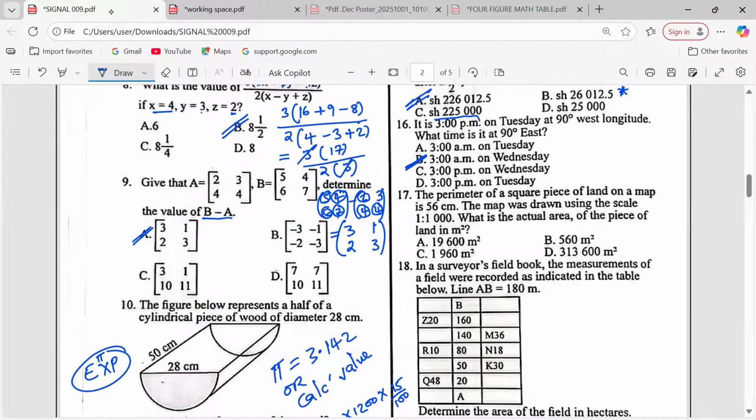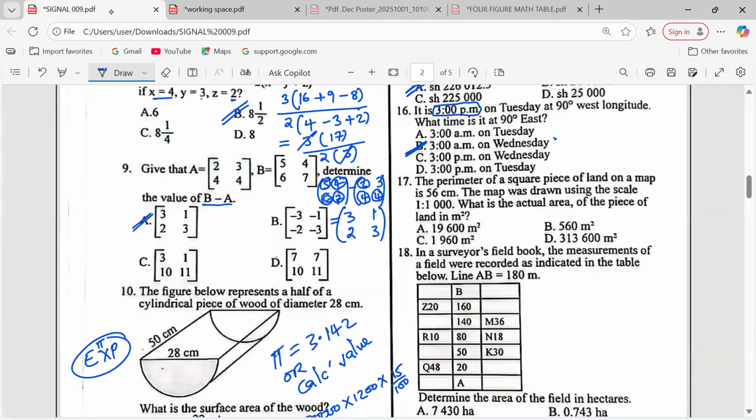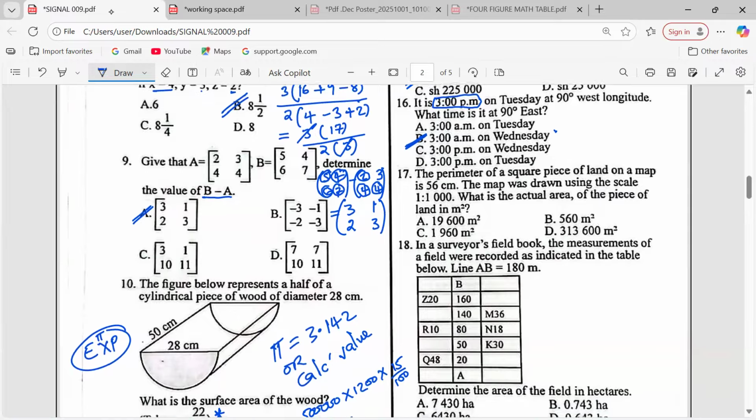So we just needed to add 9 hours first. We arrive on Wednesday. Then we continue adding the remaining hours. The hours were 12. So we add 3 like that. It is 3 a.m. on Wednesday. That is the right answer.